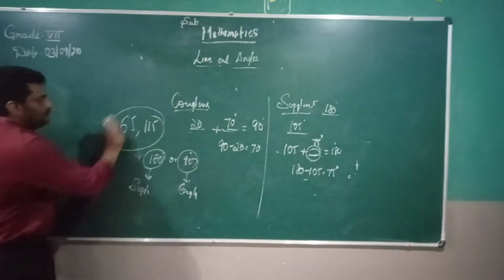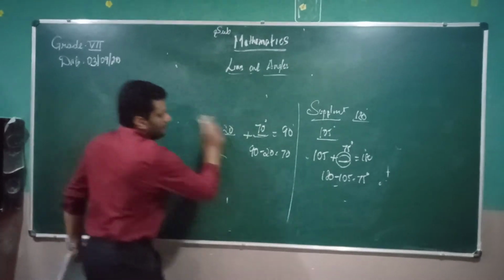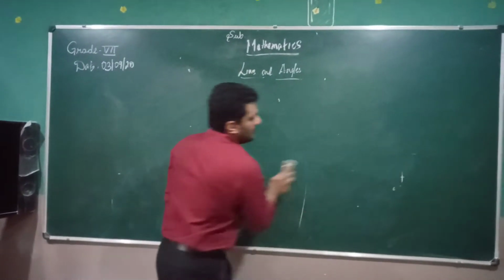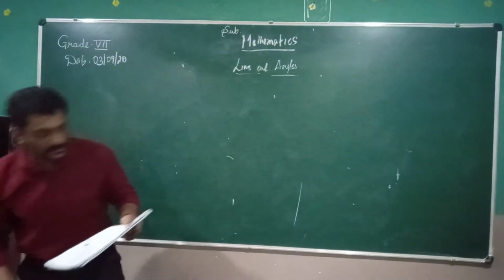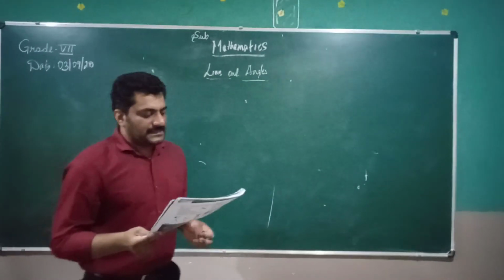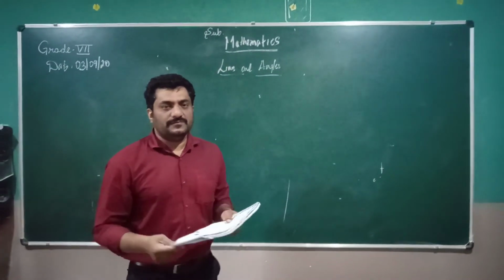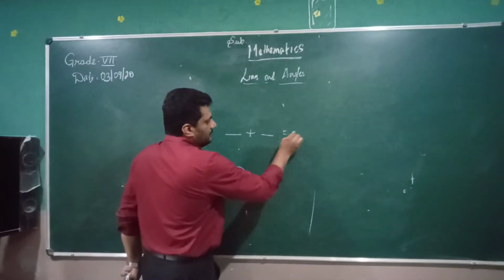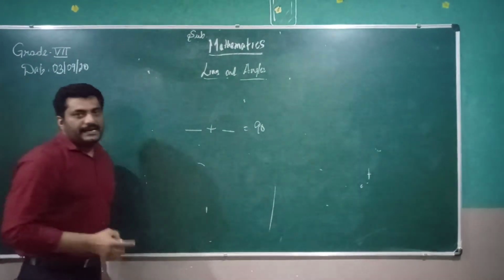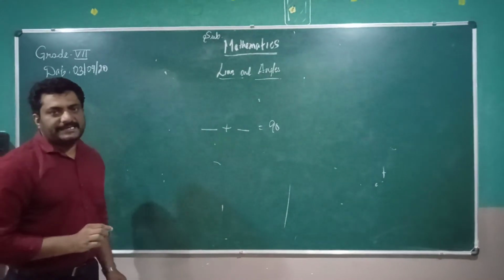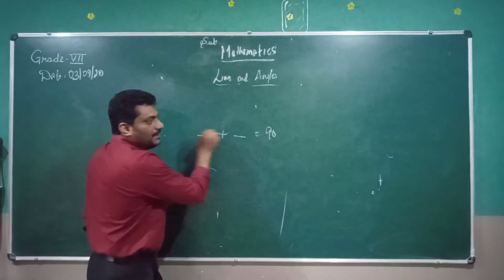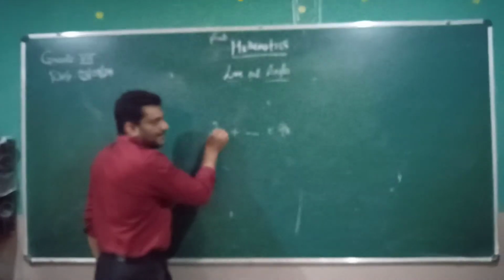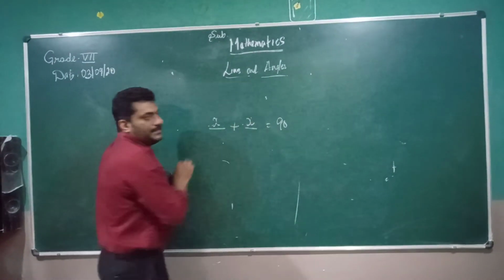Fourth one. Fourth one is find the angle which is equal to its complementary. What they're telling is, I have two angles here. When we add these two angles, we have to get 90 degrees. And they are telling both are equal. If I write this as x, this should also be x.